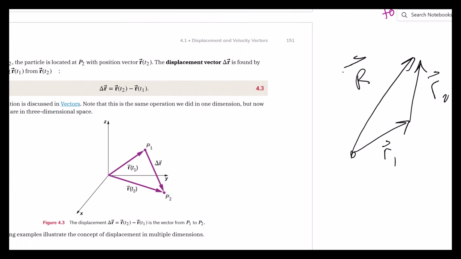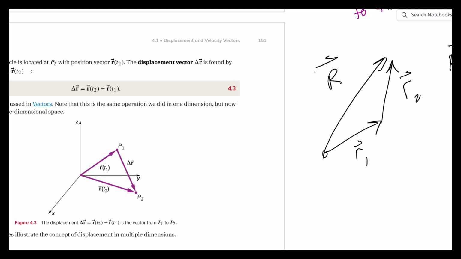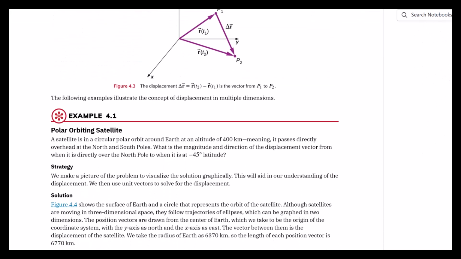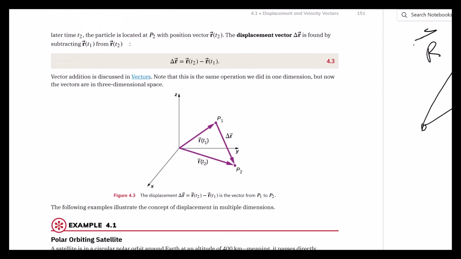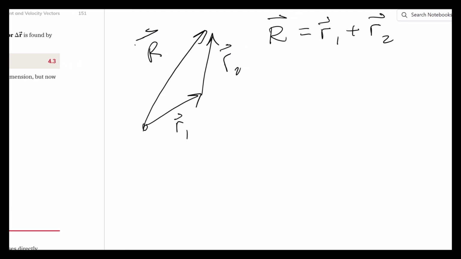That always made sense to me. What are they doing here? This is doing the displacement vector, which is the difference between the two of them. So that is different than what we're looking at here.